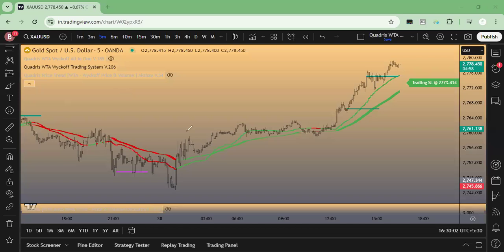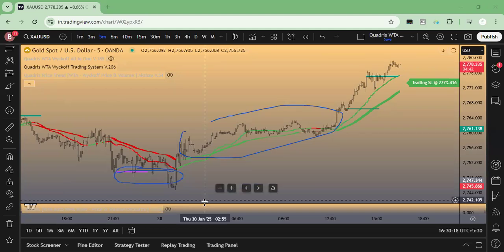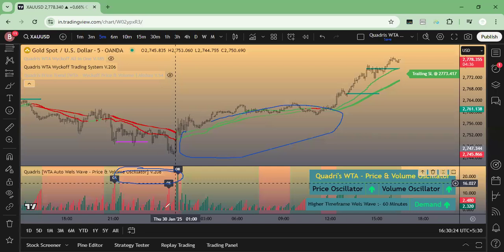Here you are catching a counter trend move over here. Over a period of time, you would understand how to catch this counter trend move. For catching a counter trend move, this version 208 helps in great detail.